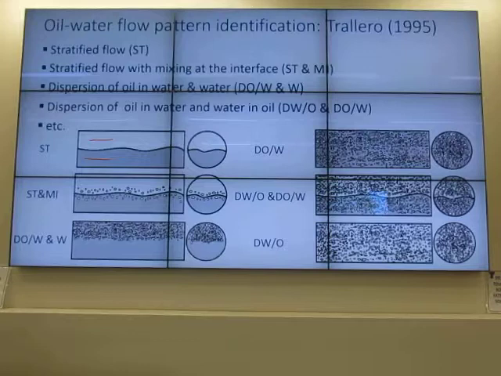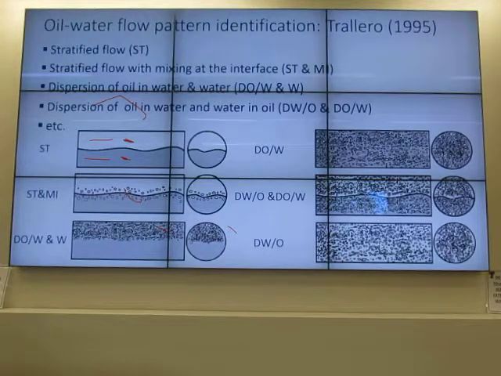If we have VSW and VSO the same, so same pipe cross section area, same water volumetric flow rate as oil volumetric flow rate, top part or bottom part, which phase should flow faster?